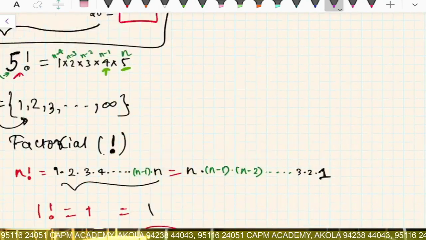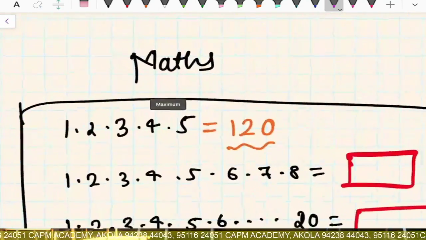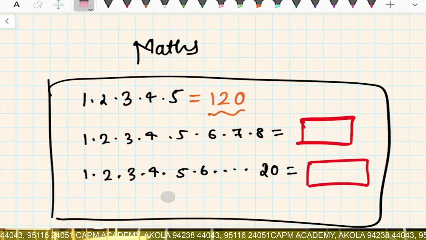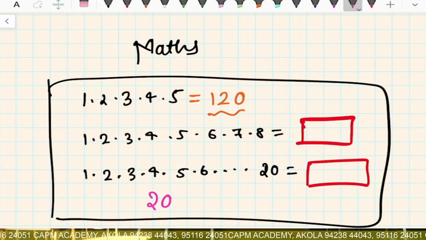So what factorial is? Why maths? Why I just started off with maths is because I want to show you the beauty of maths, where it helps us in so many concepts that we do not understand why there is a need and why do we study. It is important because यहाँ पे it's really helpful for us. Now if I want to find the multiplication of first 20 numbers, it's easy for me to write down 20 factorial.